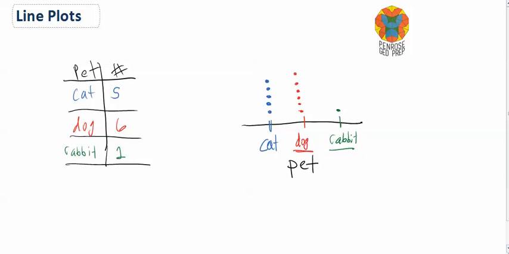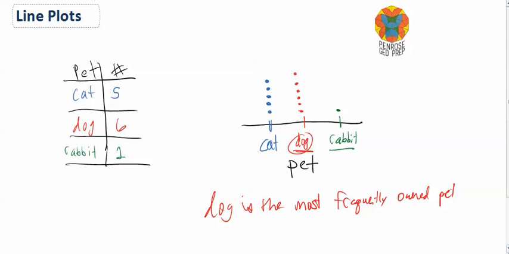So this line plot lets us easily compare the size of each group, and we can answer common questions such as which type of pet is owned the most, or which is the most frequently owned pet in the neighborhood. And because the vertical height of dog is the highest, we know that dog is the most frequently owned pet.